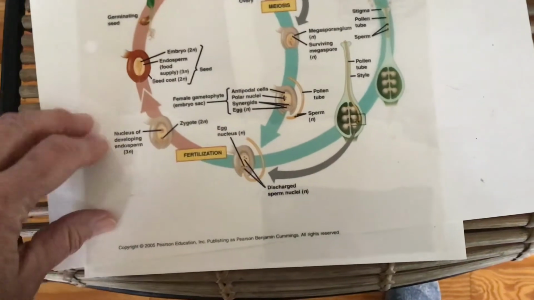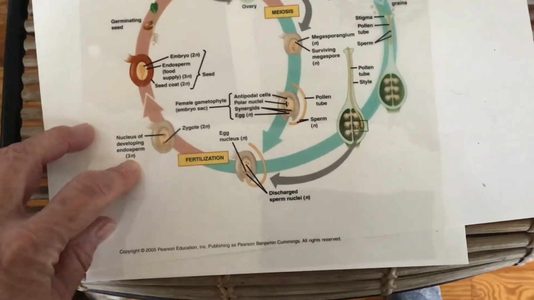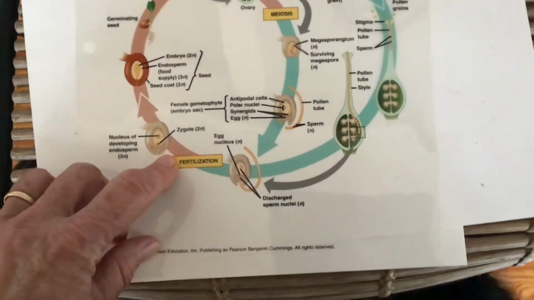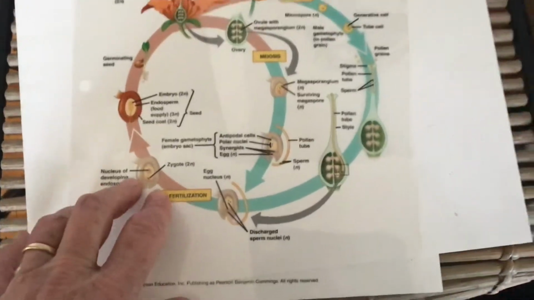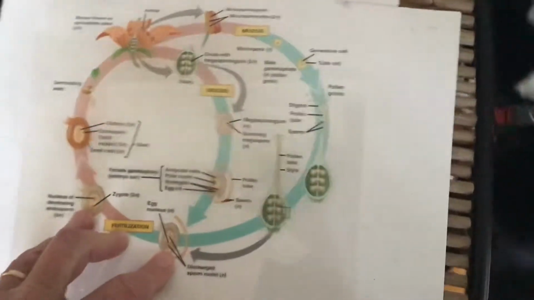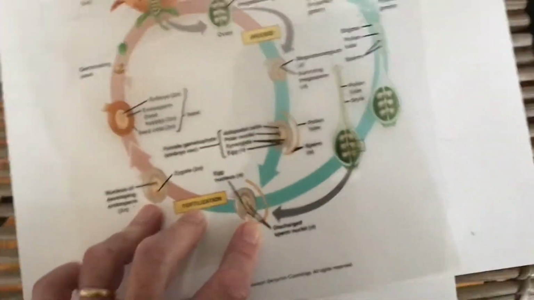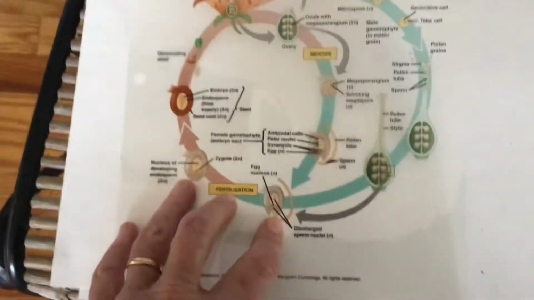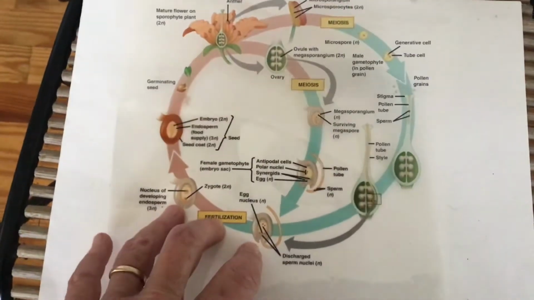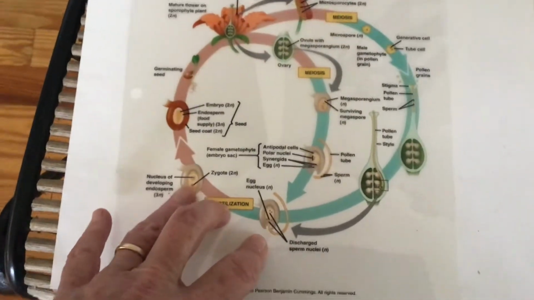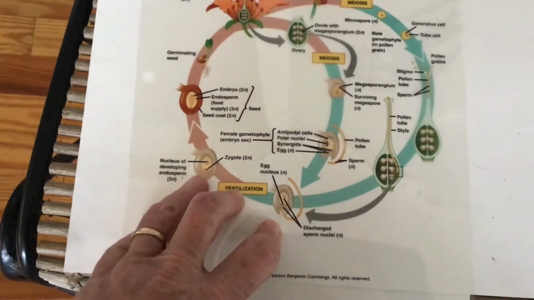So the endosperm is 3N, and the zygote is 2N. All right, so that's kind of unusual. This is called double fertilization because both sperm are actually used, and they are fertilizing different parts of the megasporocyte or megaspore.